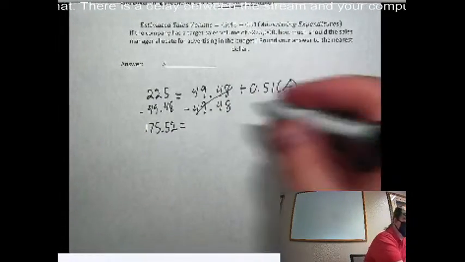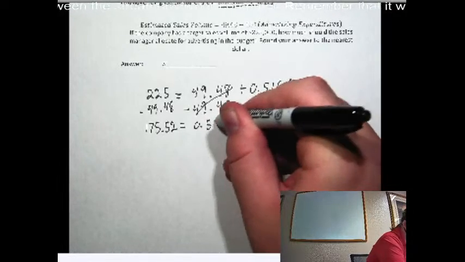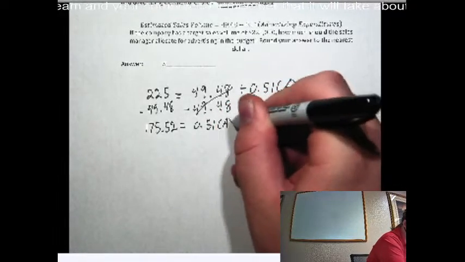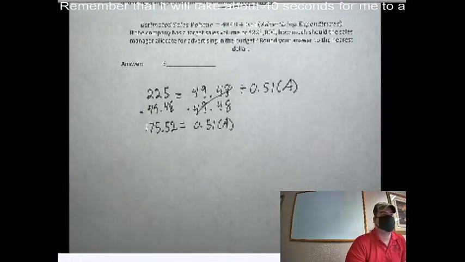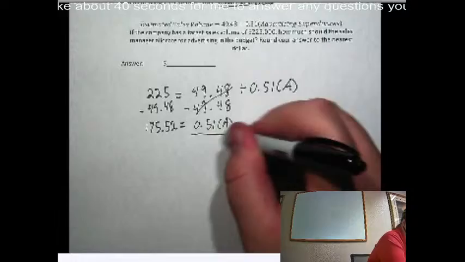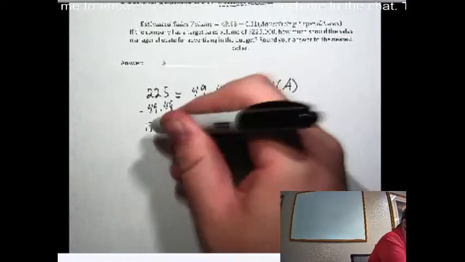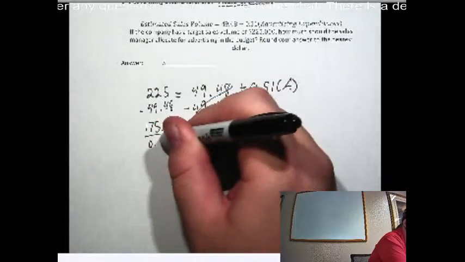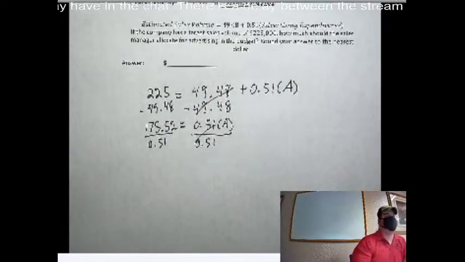Okay, so drop down the rest of our values, 0.51 A. And now what do we do? Yep. Divide both sides by this 0.51. Okay, so again, that'll cancel on that side.